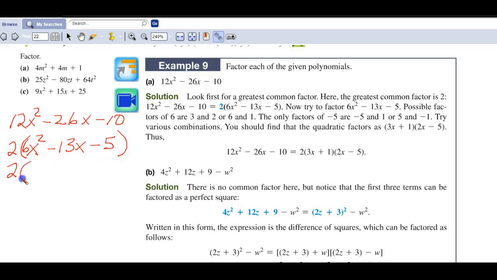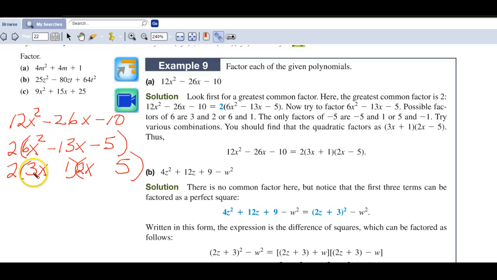Now, we then put our two sets of parentheses, and we want to go through this. Now, from my past experience, I don't believe that we're going to use a 6 and a 1 here. I think we're going to use a 3 and a 2 there. And 5 is prime, that works out. 5 goes there, and a 1 goes there.